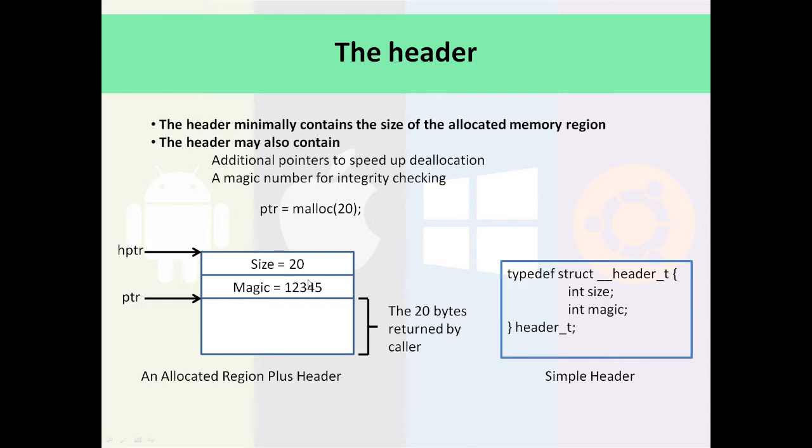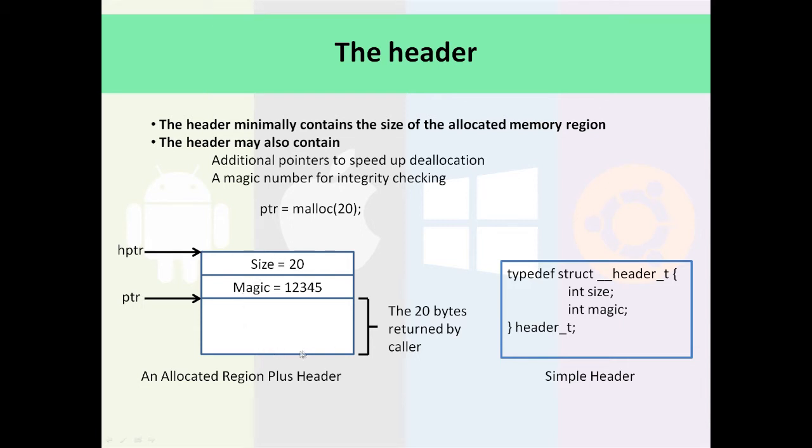Now, it's not really important to know the specifics of these things, but just know that there are other pieces of information stored within this header section. And there's actually two pointers: a header pointer which points to the beginning of the header, and then the pointer component which points to the actual data, or the 20 bytes returned to the caller.